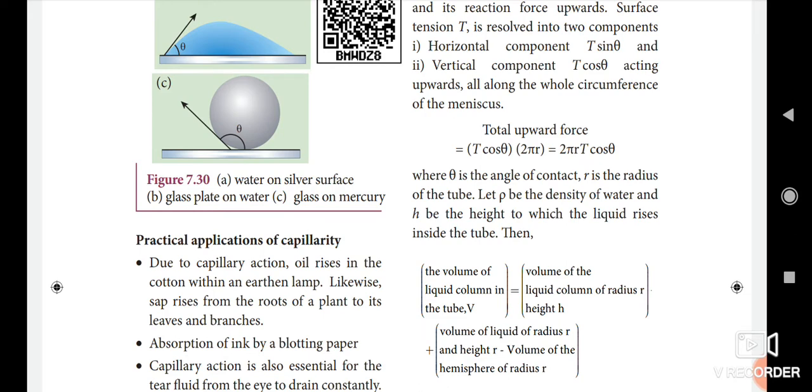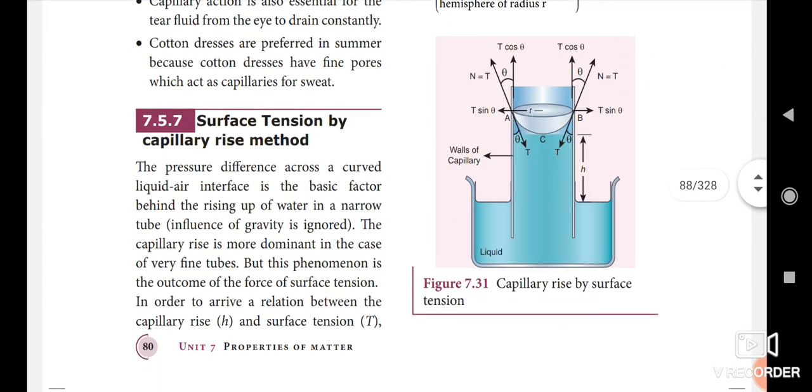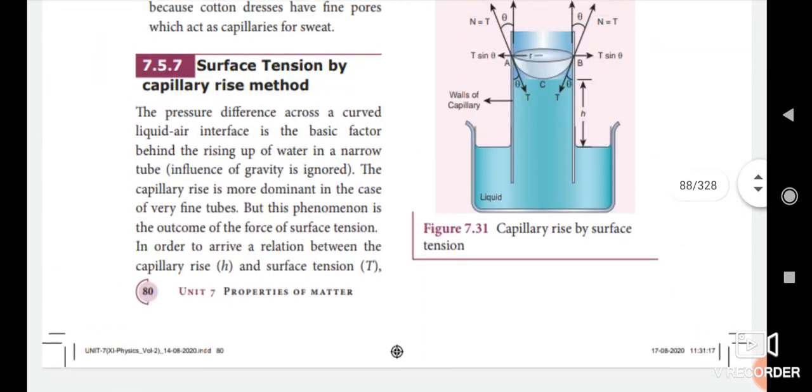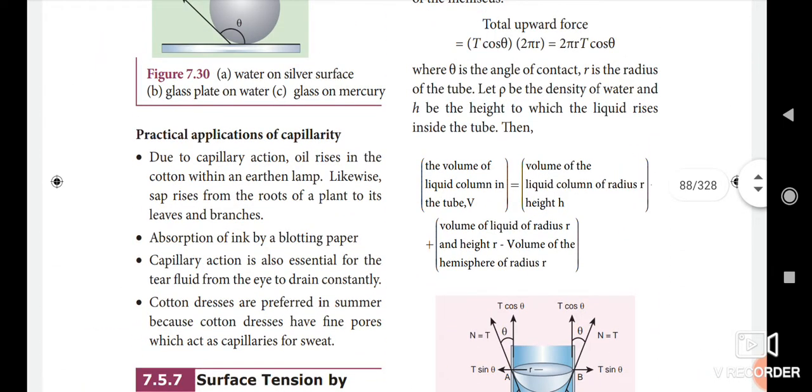Next we have to find the volume of the liquid column, capital V. The volume of the liquid column V is equal to the volume of the liquid column of radius r and height h, plus the volume of the cylinder of the same radius but having height r instead of h, minus the volume of the hemisphere of radius r. Then we apply the values. What is the volume of the cylinder?